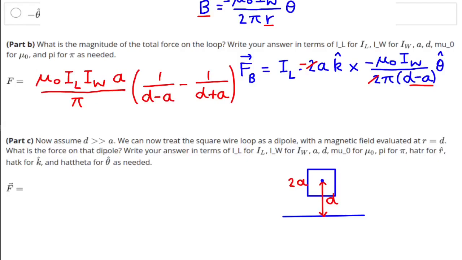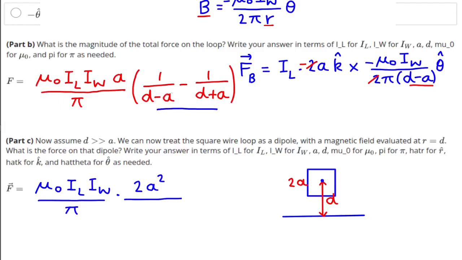Using our result from part B, we can write the force as μ0 I_L I_W over π, and we can simplify this expression to D plus A minus D minus A, so we get 2A in the numerator, and we have 2A squared over D minus A times D plus A, or D squared minus A squared. Where D is much larger than A, we ignore this term. So our magnetic force is approximately this result, and as we saw, it acts in a radial direction, in other words, at this center point over here.